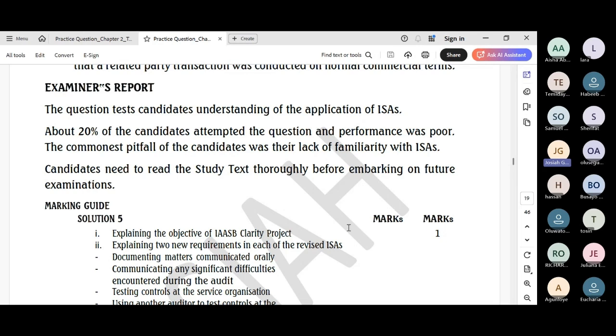So the key change is the introduction of performance materiality in this IAASB Clarity project, and the dynamic nature of materiality assessment during the audit. So those are the key changes to ISA 320. Then for ISA 402, audit considerations relating to an entity using a service organization.